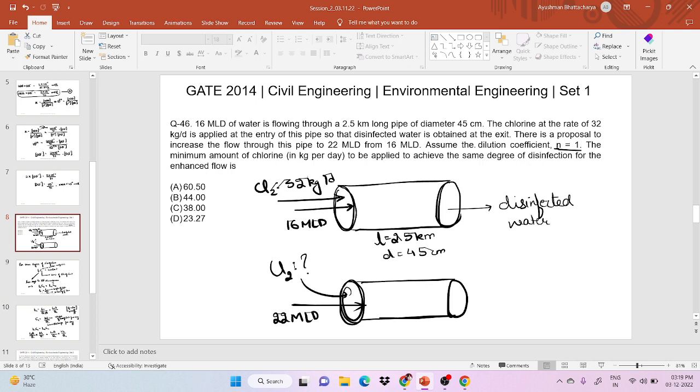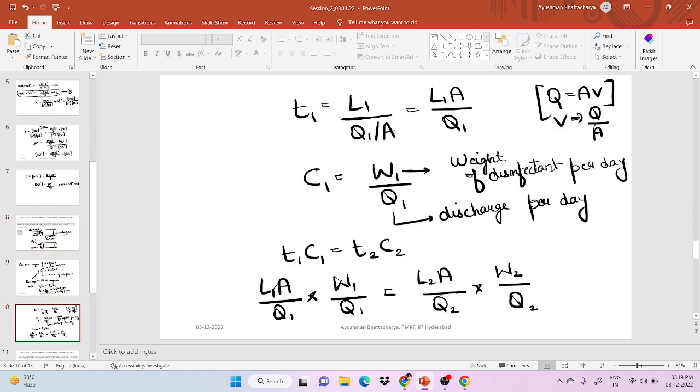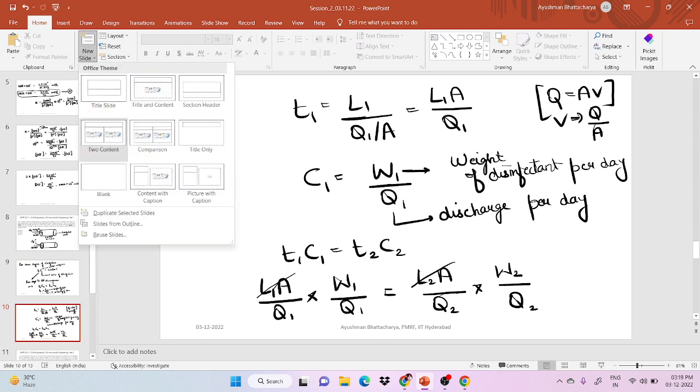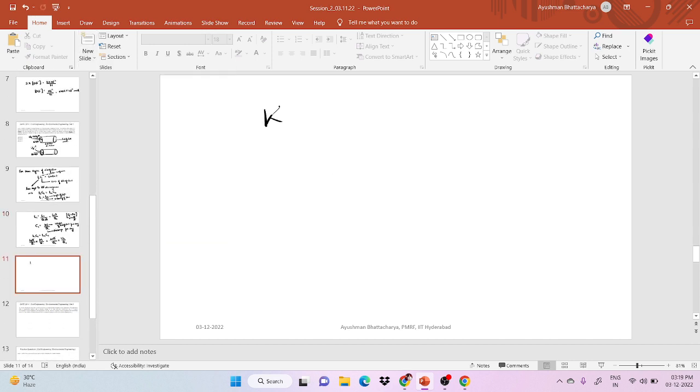Only thing is that there is a proposal to increase the flow, so the remaining thing is constant. So L1 A and L2 A get cancelled because both are same. We are left with W1 by Q1 square equals W2 by Q2 square.